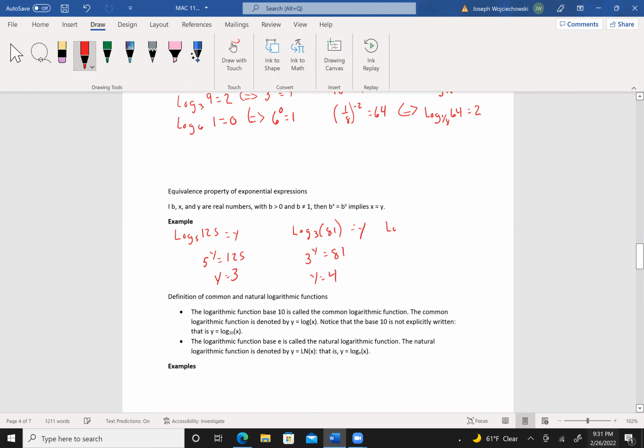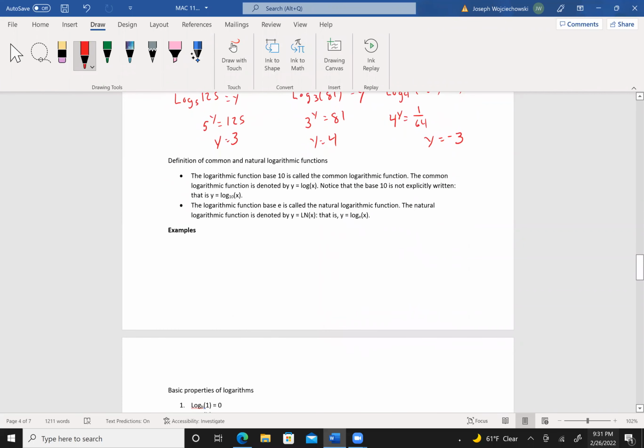Also, the log base 4 of 1 over 64, if we set this equal to y, then 4 to the y power equals 1 over 64. 4 to the negative 1 power is 1/4. 4 to the negative 2 power would be 1/16. 4 to the negative 3 power would be 1/64. And there we go.